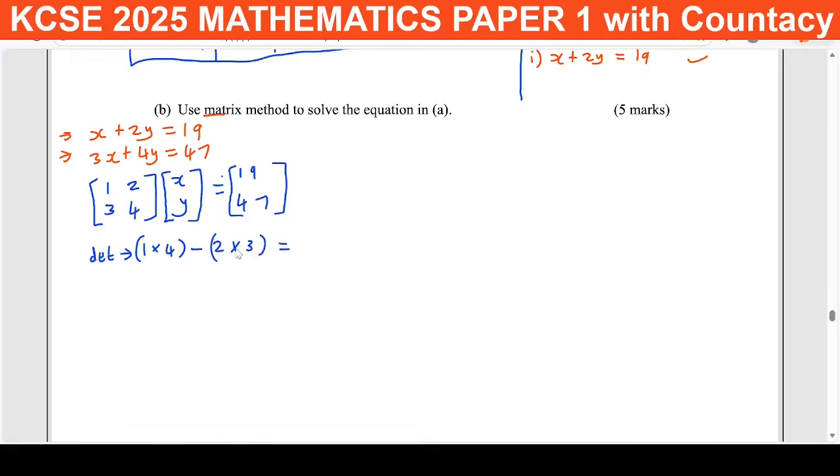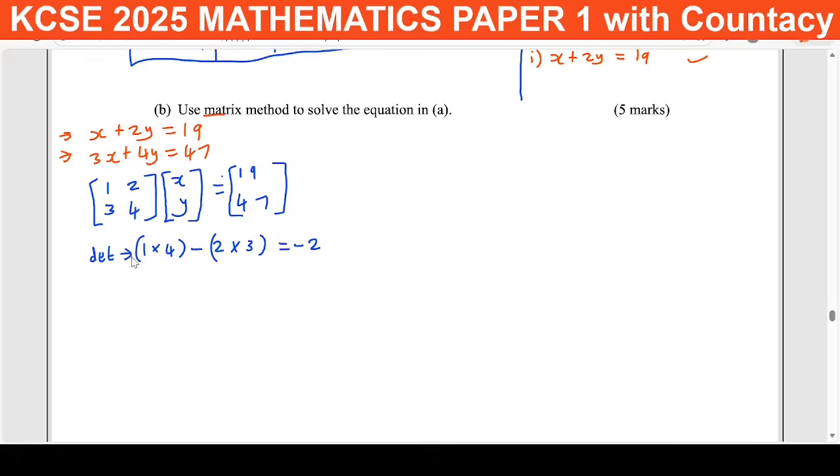How do we get with this? You can go ahead and simplify this fully, because this is 4 minus 6. 4 minus 6, that's supposed to give you minus 2. Be very careful as you work out this, because if you're not careful, you might end up writing 2, and that's incorrect. The value for this is negative 2.